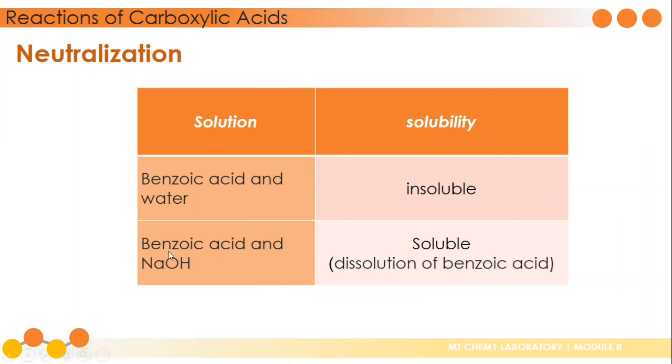But benzoic acid and NaOH will be soluble. This means that there is a dissolution of benzoic acid. Upon this, there is also a production of a benzoate salt, which is extremely soluble in water.